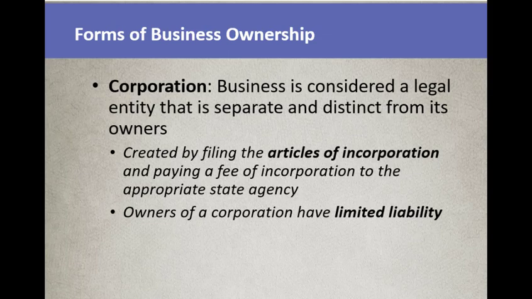If a corporation goes bankrupt, it does not go after the owner's personal assets or the shareholders' personal assets. It could in a couple extreme cases, but normally it would not go after personal assets of those of a corporation.